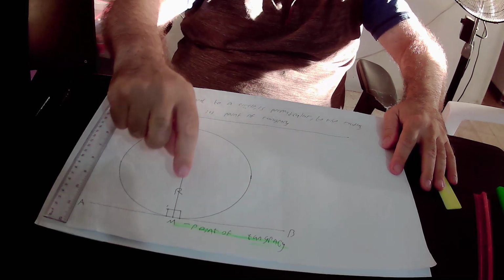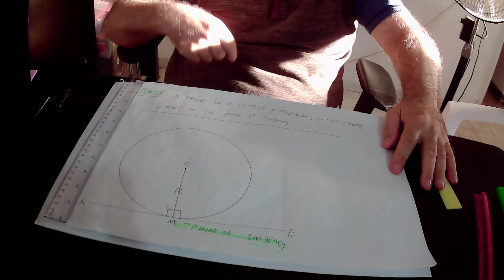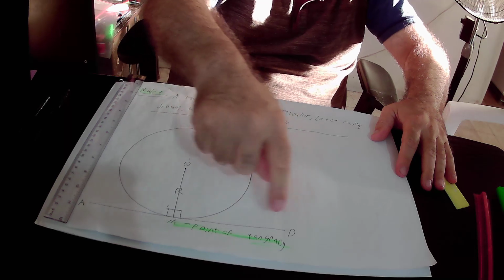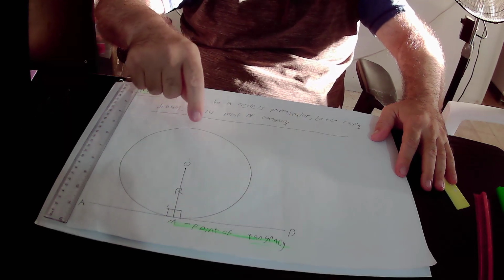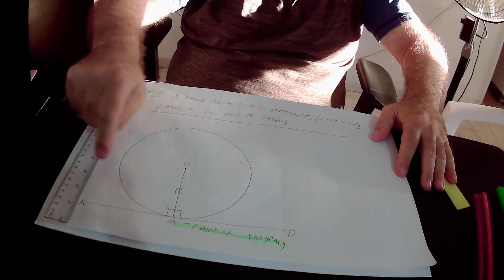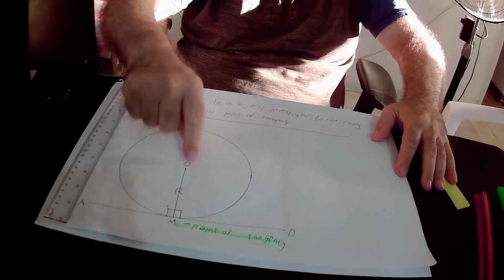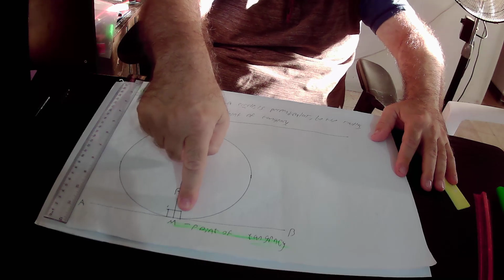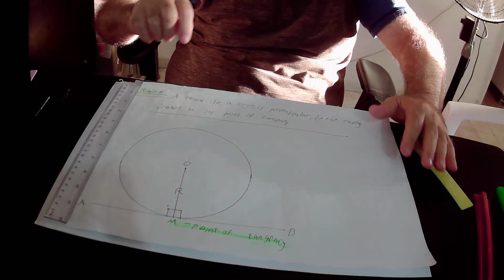We have the radius OM that is drawn to the point of tangency, therefore according to rule number 1, tangent AB will be perpendicular to the radius MO. So if tangent AB is perpendicular to MO, this angle equals 90 degrees, and this angle is also equal to 90 degrees according to rule number 1.